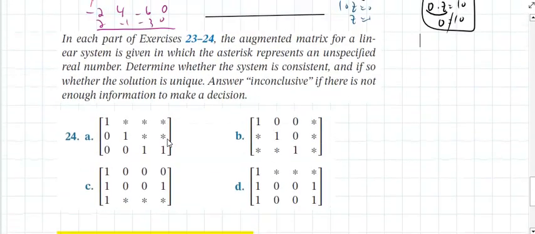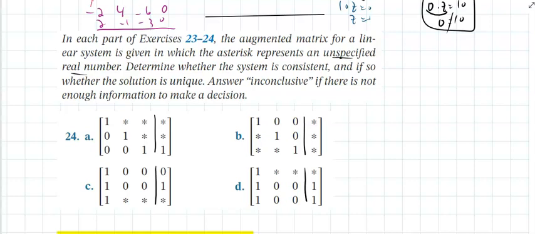Next set of problems, we just want to talk about what this means. Again, a bit of theory. The augmented matrix, this is augmented, so you want to know, is it just a general matrix or augmented? The augmented matrix stands for a system of equations for a linear system in which the asterisks represent an unspecified real number.